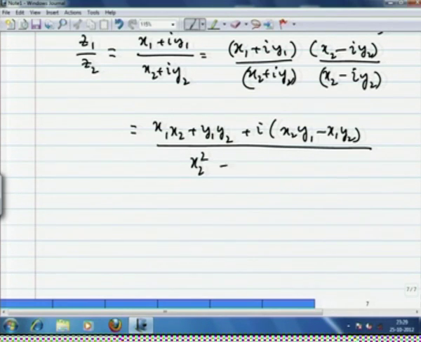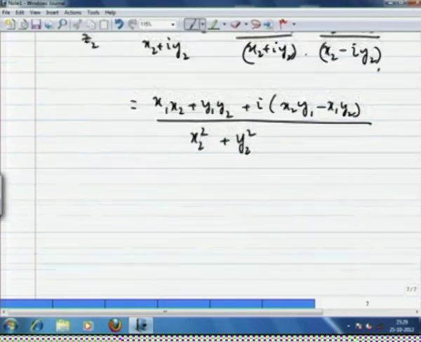I times minus I gives me plus 1, so I get plus y 2 squared. Using complex number multiplication, when I multiply them I get x 2 squared plus y 2 squared.